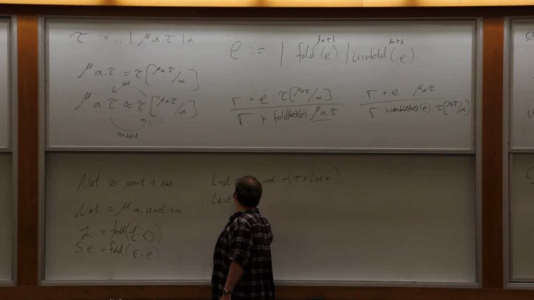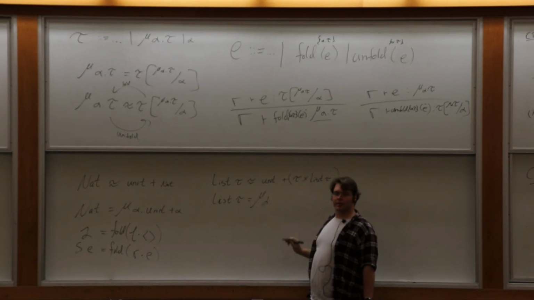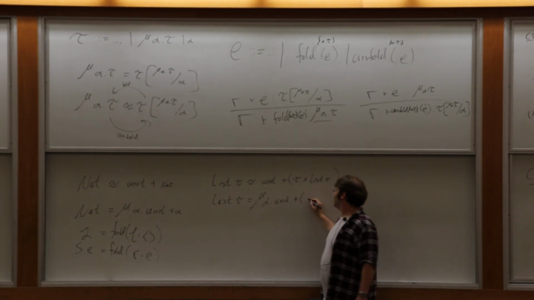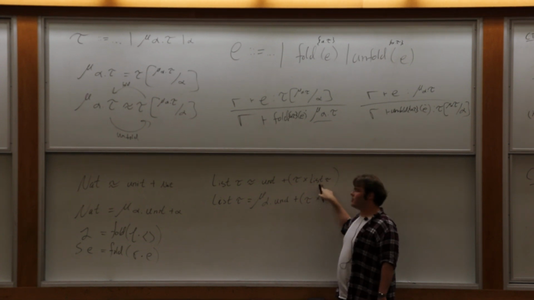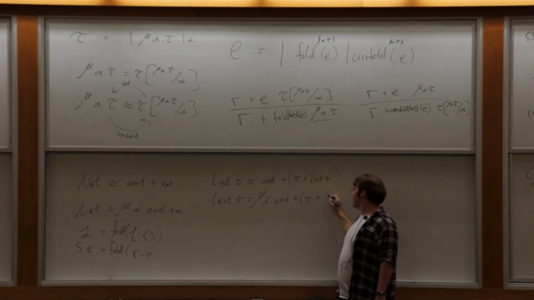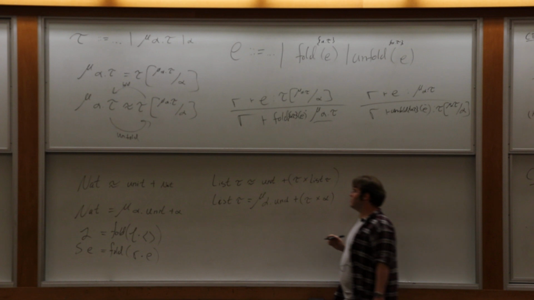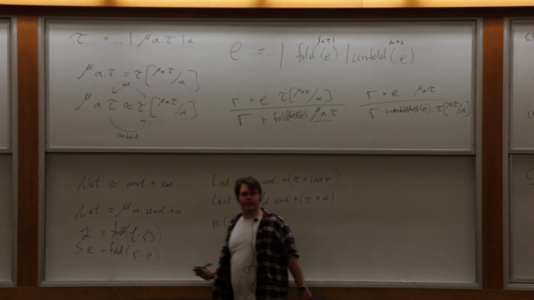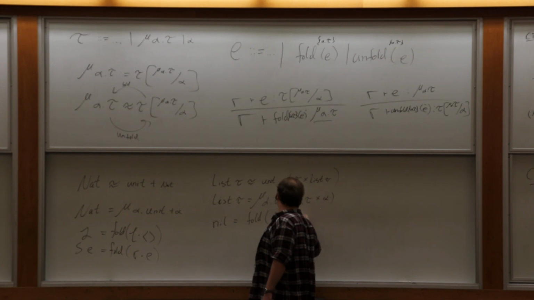List of tau is then unit, because that doesn't refer to the recursive part, plus tau, and then I don't want to write the same thing here, so I use alpha. And then the nil, the empty list constructor, looks pretty much just like 0 because it's about the same thing: fold L of unit.